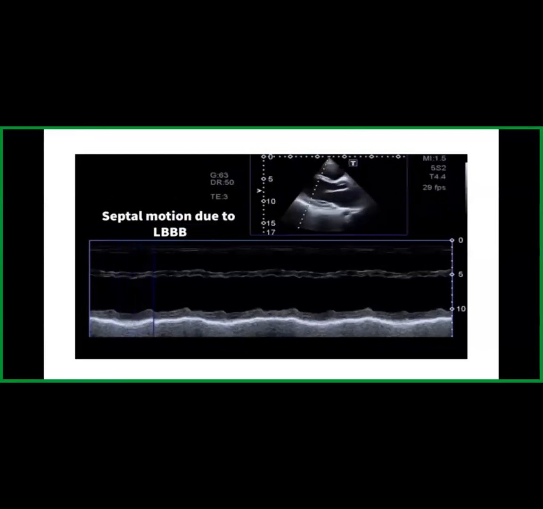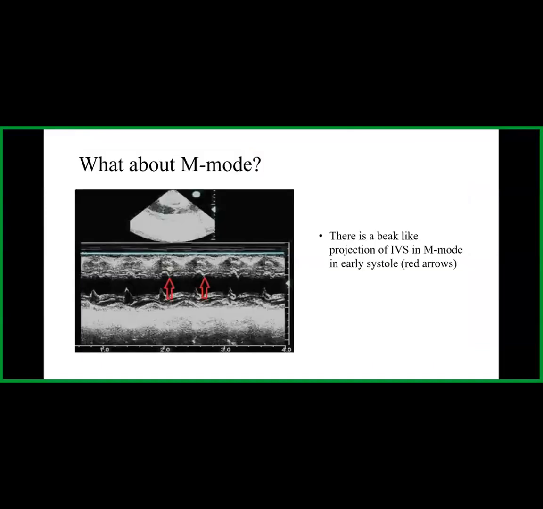And basically these two phenomena, which are limited septal motion, paradoxical movement of the IVS, as well as beaking, are the main criteria that we use to determine left bundle branch block in the case of echo.